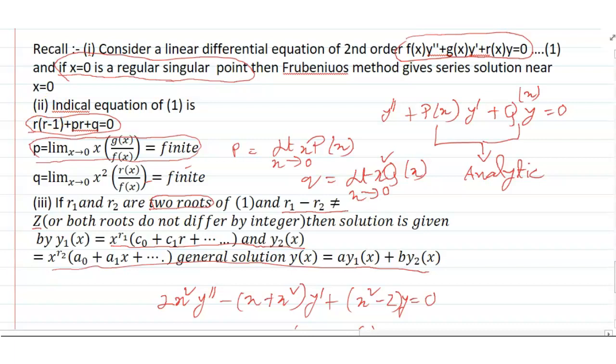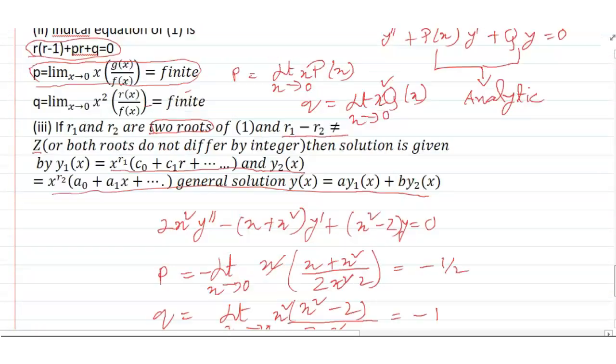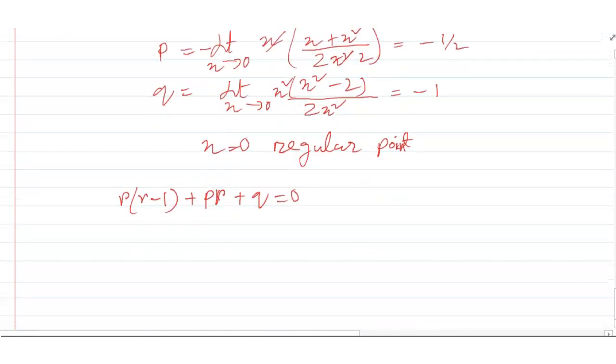So I can write r square minus r, and p value is minus r by 2, minus 1 equals to 0.